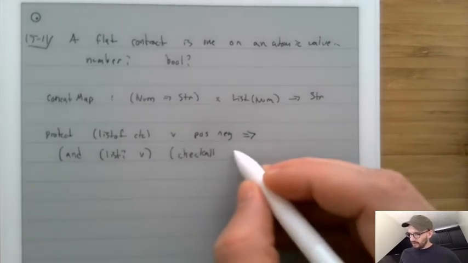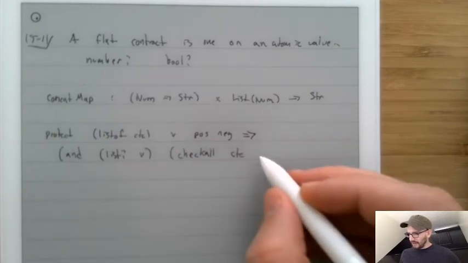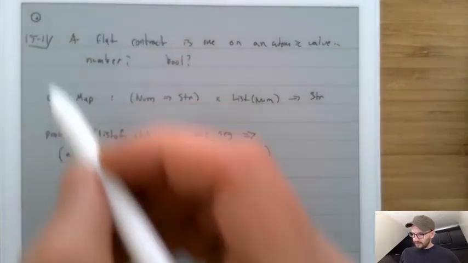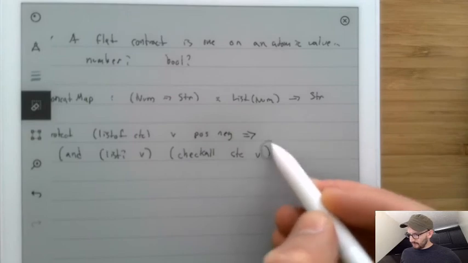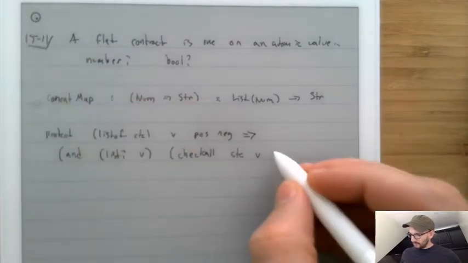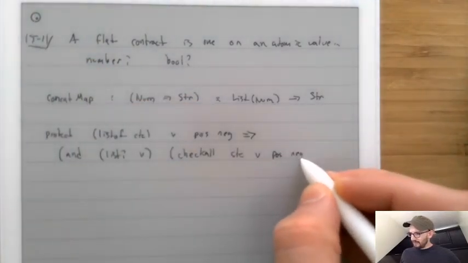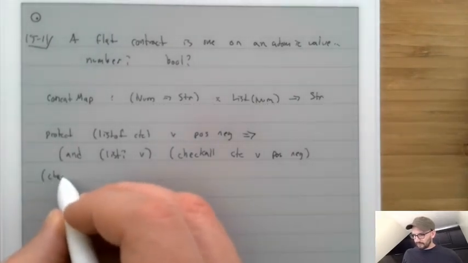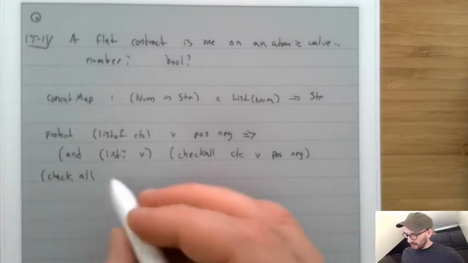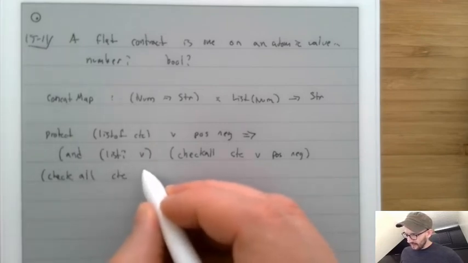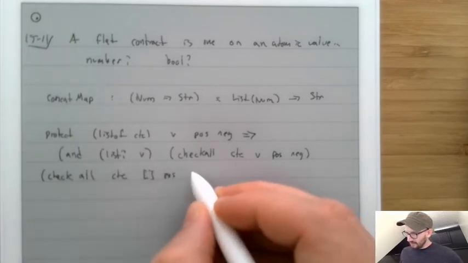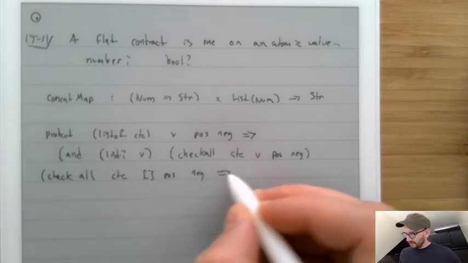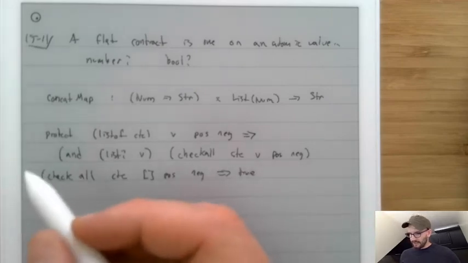What check all would do is we pass the underlying contract and then the value, the positive and the negative. So check all of the contract, empty, positive, negative would just be true, because it always works.